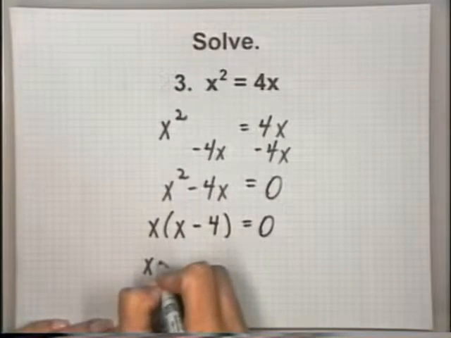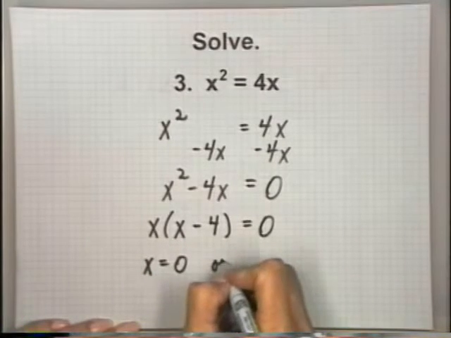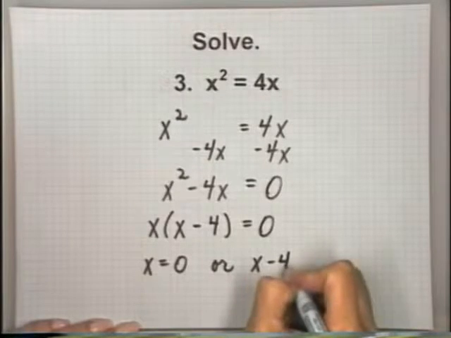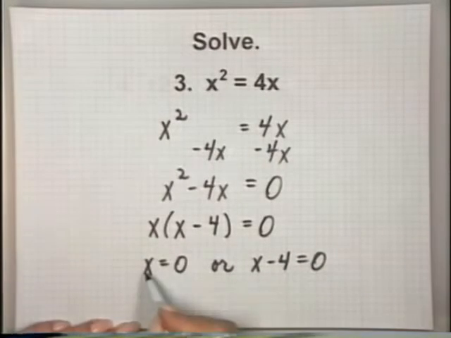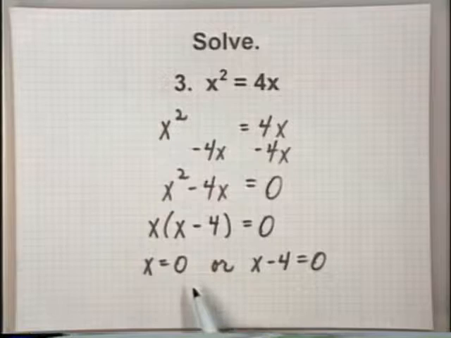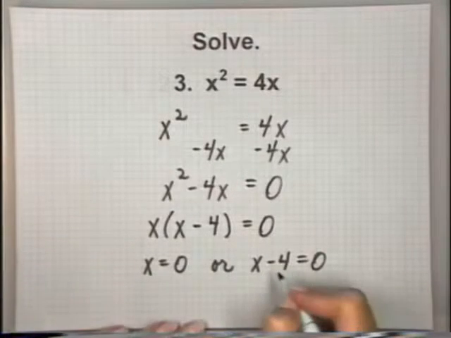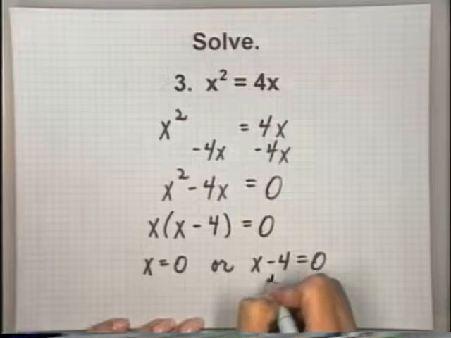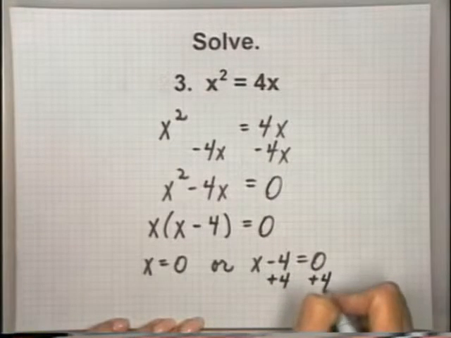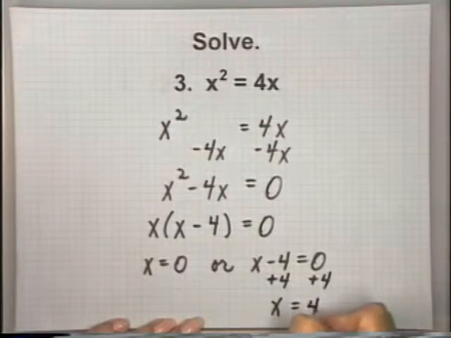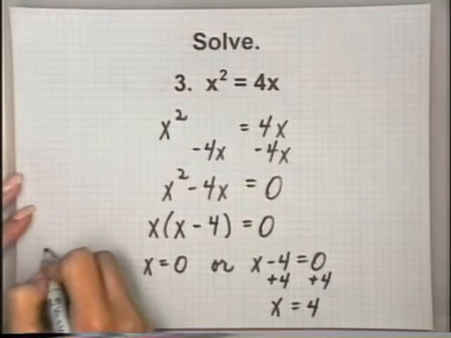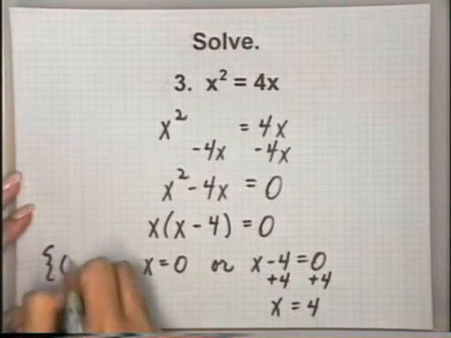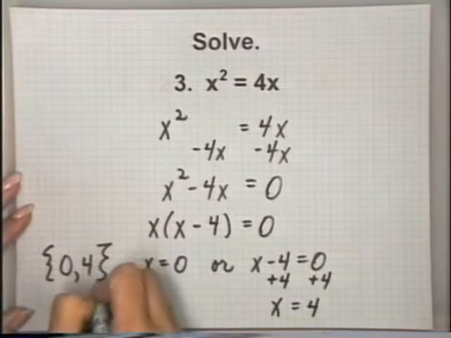Let's set each factor equal to 0. And of course, x equals 0 represents the solution of 0. And for our second equation, we'll add 4 to both sides, and we get x equals 4. So our solution set would be 0, 4.